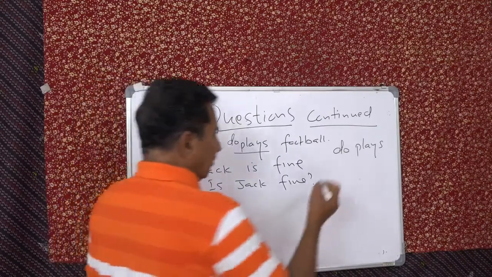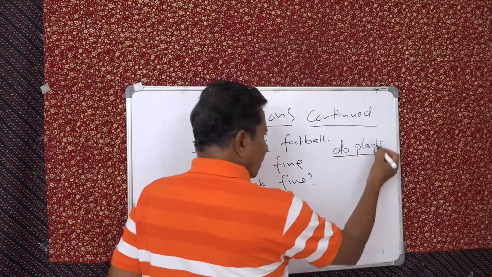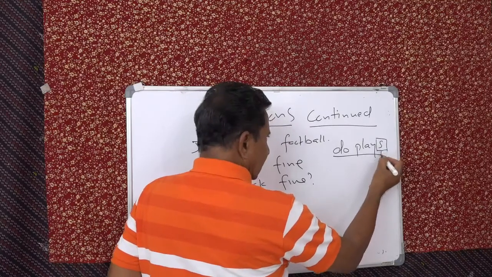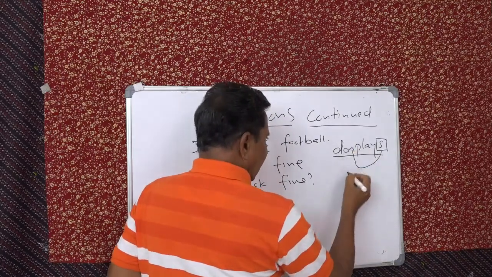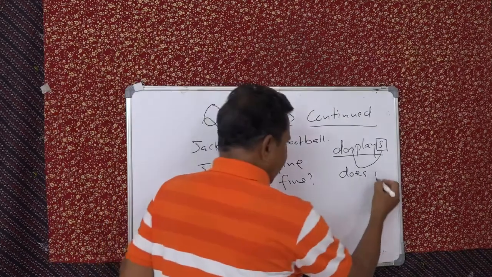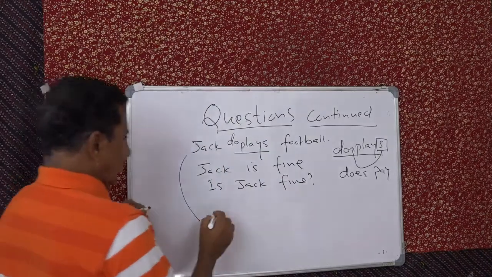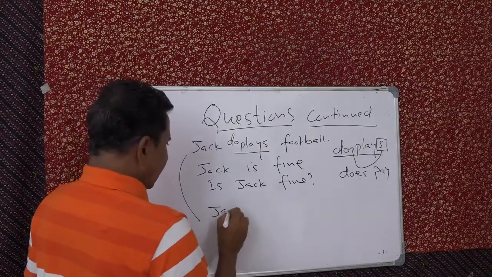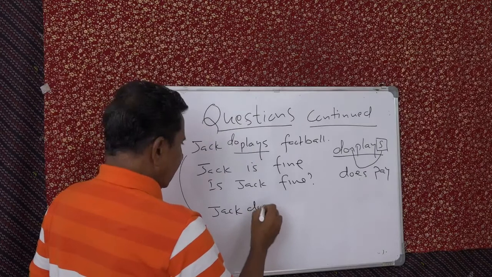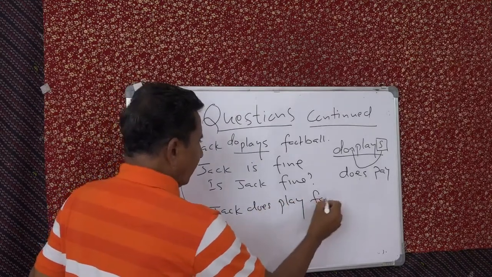So here the verb phrase is do plays. First word is do. So the tense marker S is brought here, and so it becomes does. Does play. So when we write this, it will be Jack does play, not plays, play football.